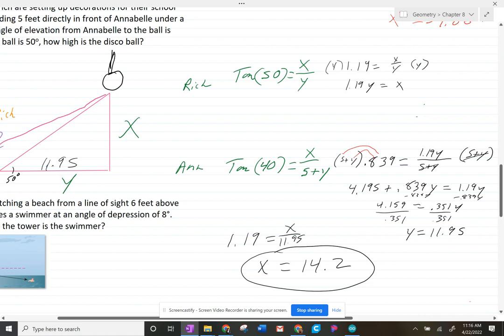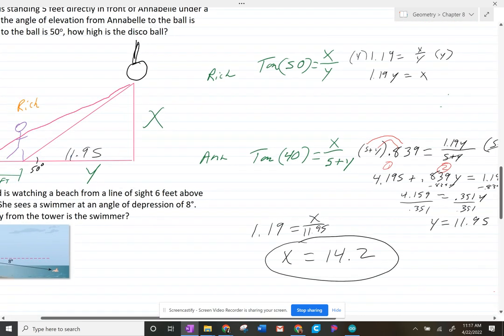And that's where I got 5 times 0.839, or 4.195. That's where this one came from. That was my first part. And the next distribution was where this one came from. So this one times this was this. Y times this was this.